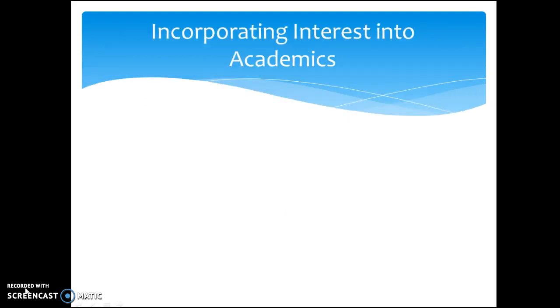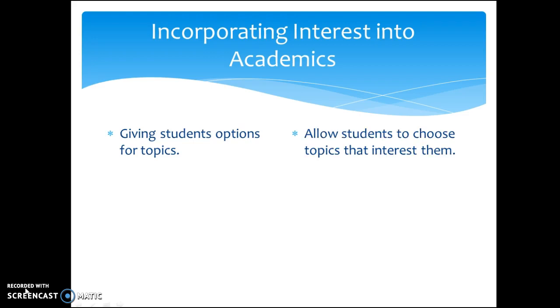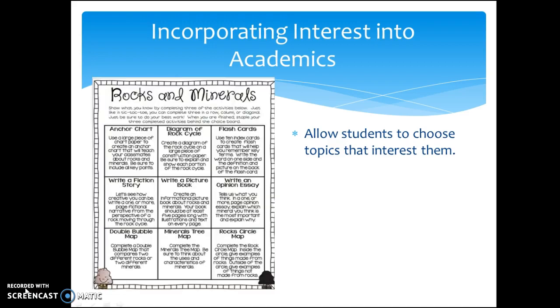Incorporating interest into academics. Giving students options for topics is very important, allowing students to choose topics that interest them. You can do this by giving students choice boards or menus. Here are some examples of a choice board or a menu, or tic-tac-toe. They have different names.